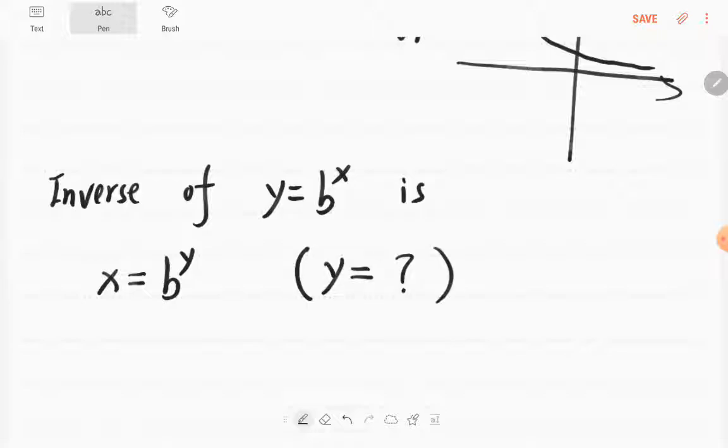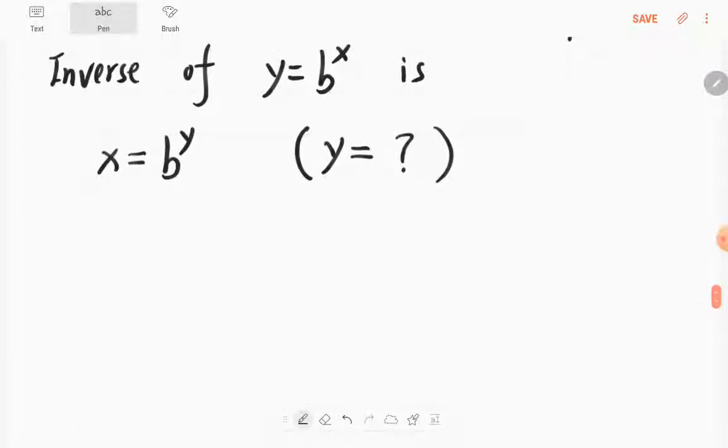We don't know how to do that. So mathematicians introduced a new function called the logarithmic function. If x equals b to the y, then y equals log base b of x.